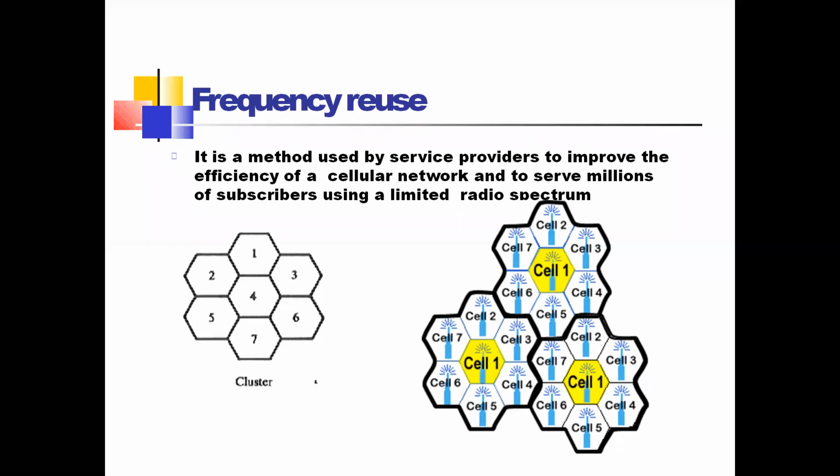That means in the 3 clusters, the same frequency will be used in cell 1. And also cell 2 in the 3 clusters will use the same frequency, and likewise for the remaining cells.